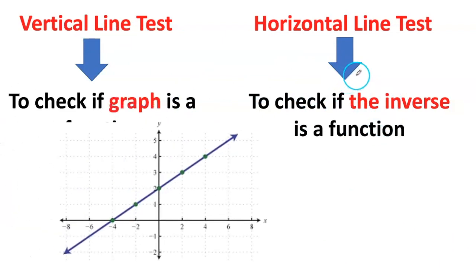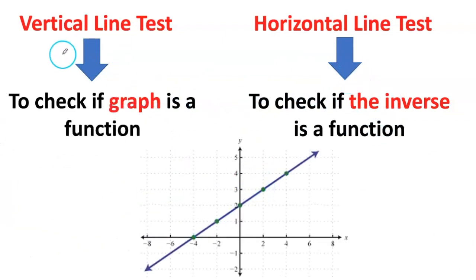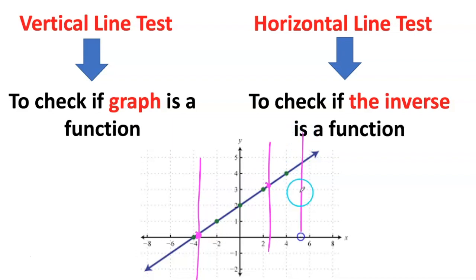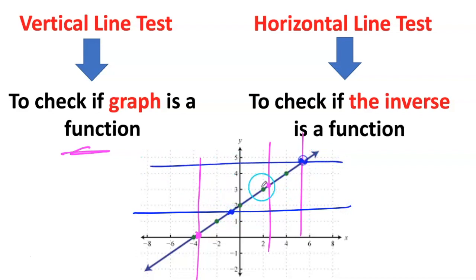Let's check. We have a graph. Vertical line test: it's just a vertical line. Touches 1, touches 1, touches 1. So it passes, therefore this is a function. Horizontal line test: touches only 1.